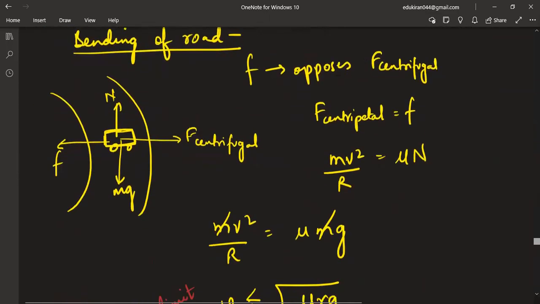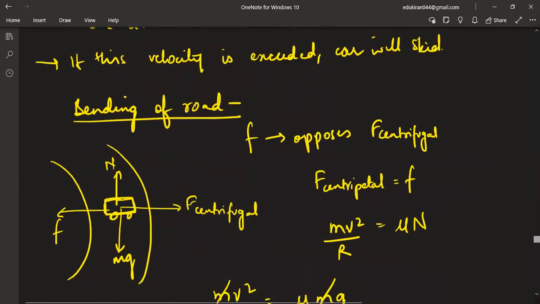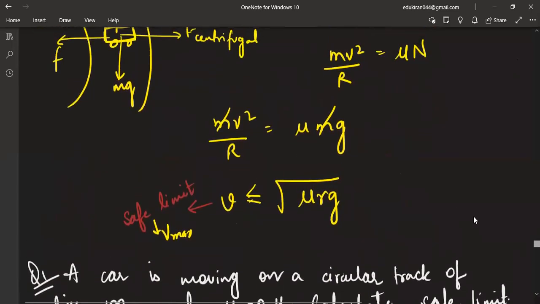Yes, these questions are also there. Safety limit. See, safe limit means when the vehicles are turning on the road, the vehicle shouldn't skid. So the derivation is not important to you. What you should remember is that velocity should be less than or equal to under root mu rg. And this is the safety limit. This value is usually written on roads for the general vehicles, like trucks and cars differently.